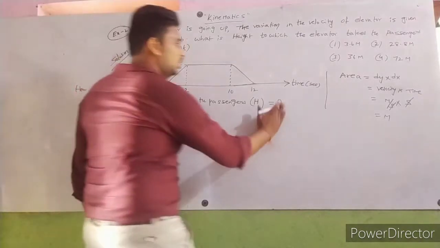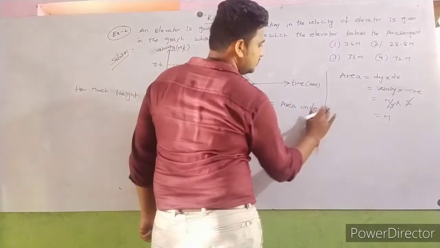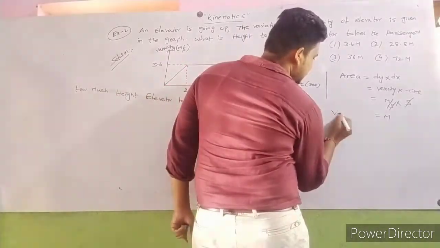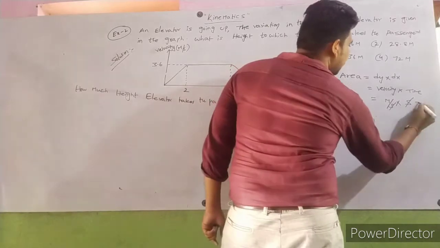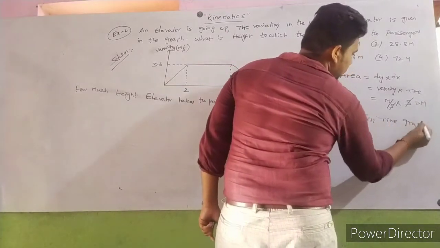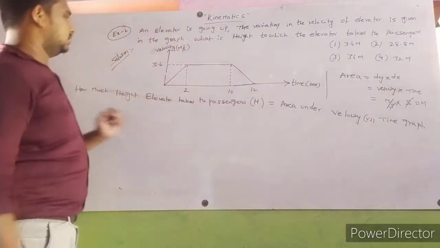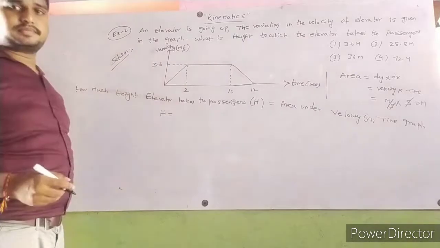So that is equal to the area under the velocity versus time graph. That means h is equal to the area. How do we get the area?